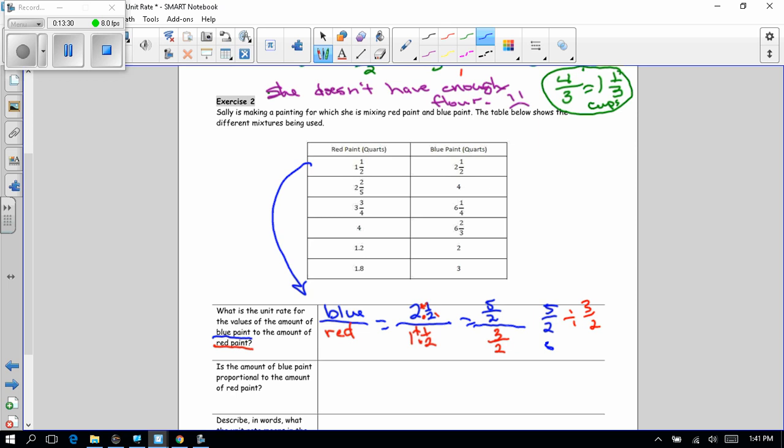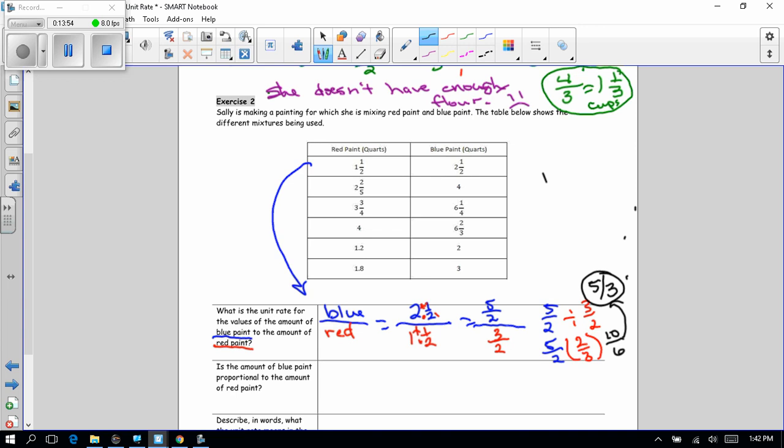Flip the second number, so the first number stays, and multiply. And when I do that, I'm going to get 10 over 6, which I know reduces, right? It reduces to what? 5 over 3. Yep, 5 over 3.